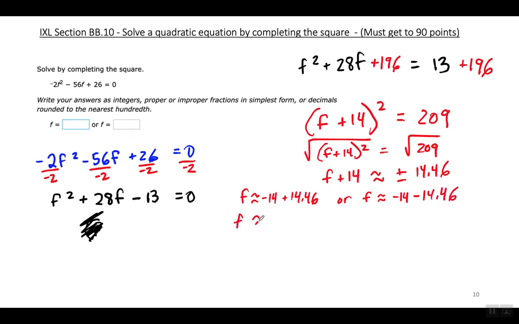So f is approximately, for the first one, 0.46, or f is approximately negative 28.46.